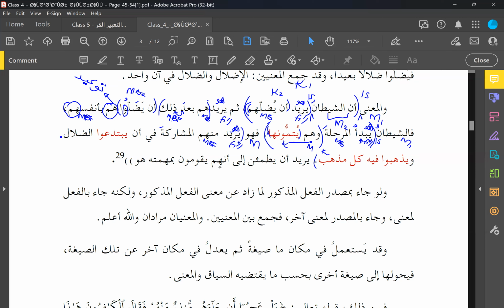المشاركة. مفعول به. Yes. What does he want? He wants المشاركة. Okay. في أن يبتدع. Again, we've already talked about this structure. So when you see this structure, you just basically combine it and look at it as one word.